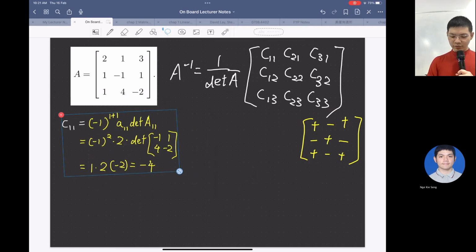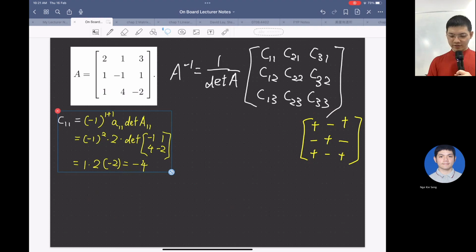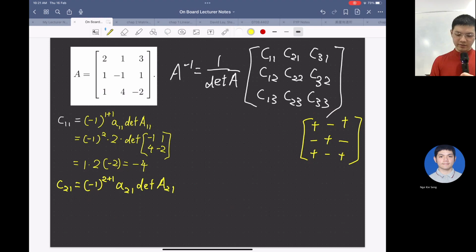Let me do two more, and then you will work out the rest on your own, then we will check. So how about C21? The sign is minus 1 to the power 2 plus 1, times the determinant of A21. Wait, am I correct or not?